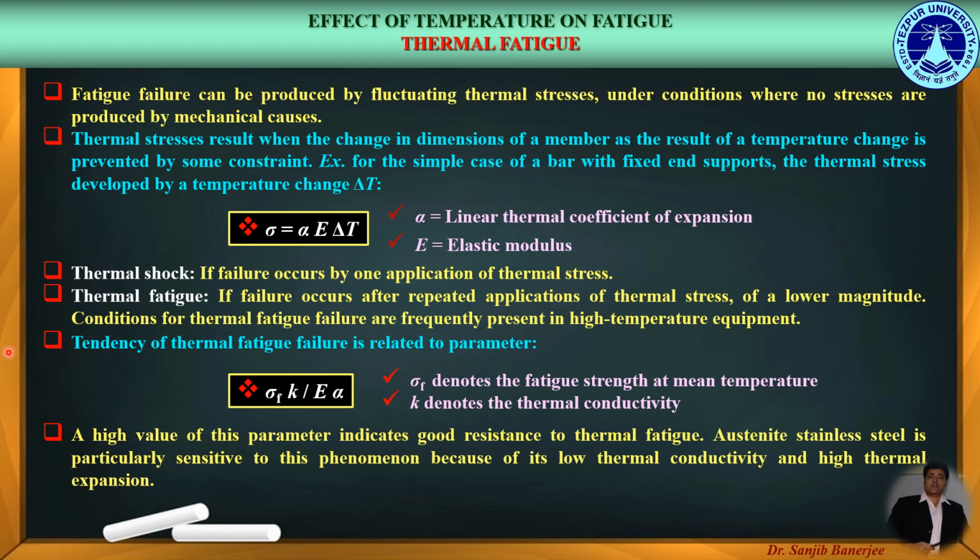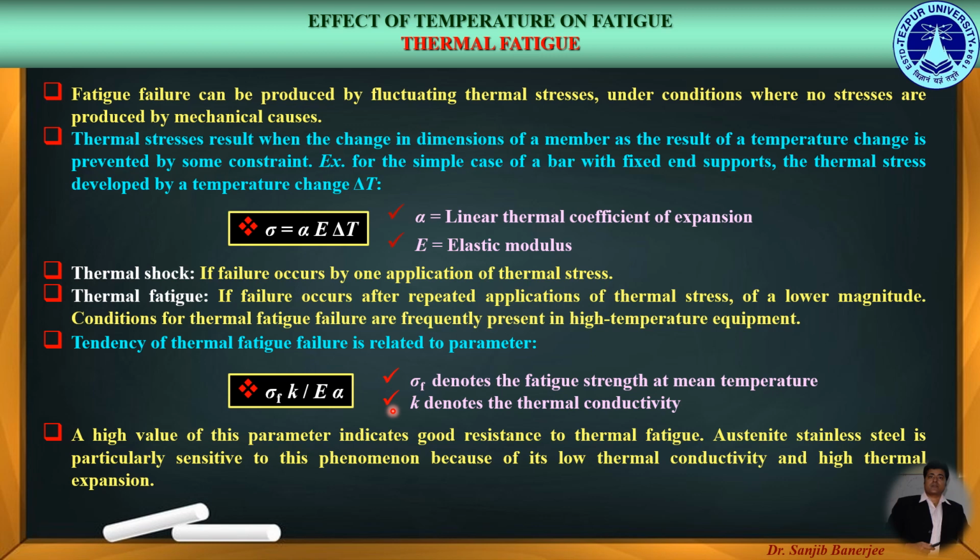Now, the tendency for thermal fatigue failure appears related to the parameter as shown over here, that is the term given by sigma f into k divided by E into alpha, where sigma f denotes the fatigue strength at mean temperature and k denotes the thermal conductivity.